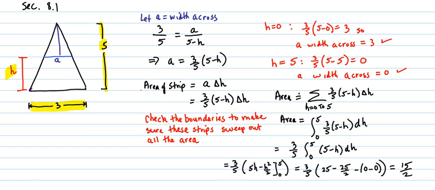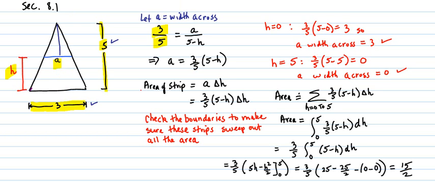triangles, we can set up a proportion that says that 3 is to 5 as the base here of the smaller triangle is to its height.